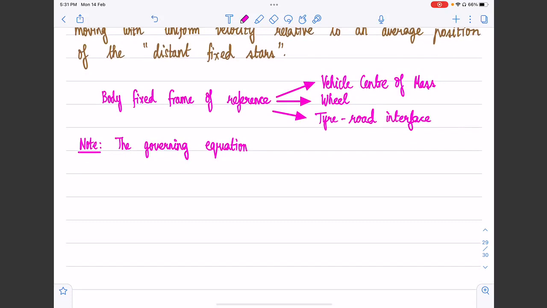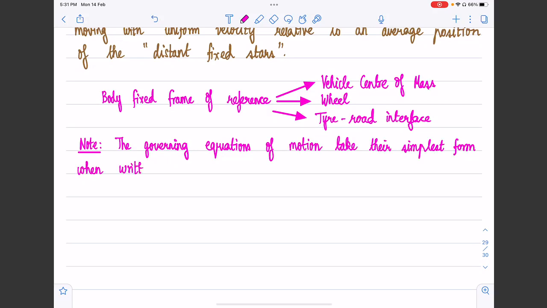We can use any other frame of reference and write down equations of motion with respect to quantities measured in that frame, but we may have additional terms coming into these equations. If we write equations of motion with respect to an inertial frame of reference, it so turns out that the governing equations take the simplest form.